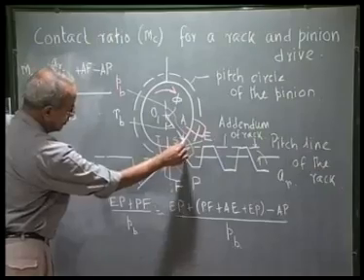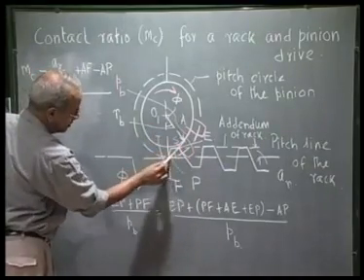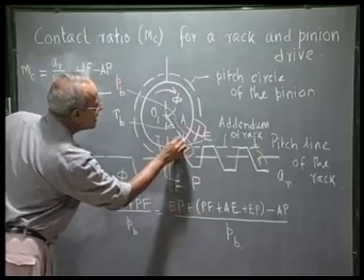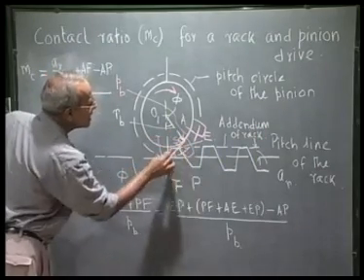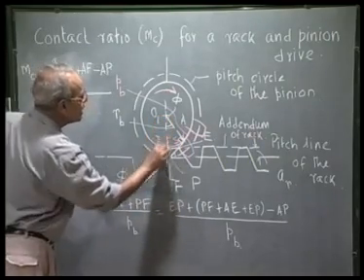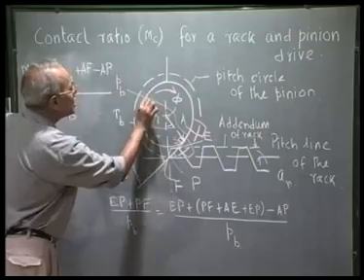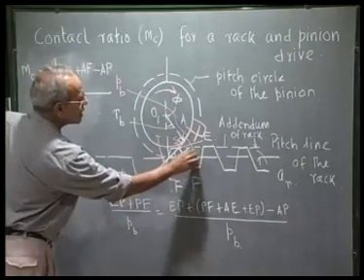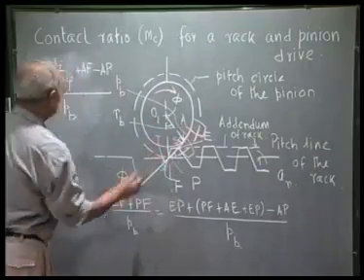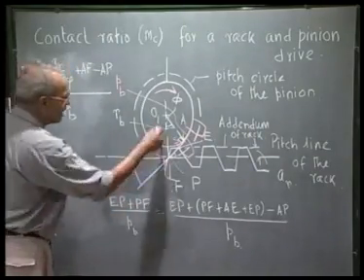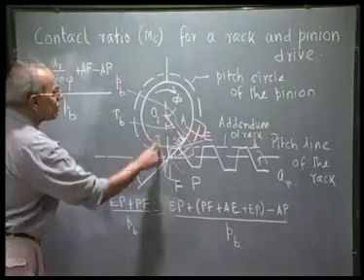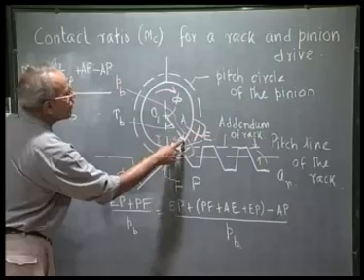A is this contact point between the tangent from the pitch point to the base circle. So, this angle is 90 degrees. This is radius, this is tangent, so this angle is 90 degrees. And O1P is nothing but the outer radius of the pinion. This is the outer circle, this addendum circle. So, O1 to F is nothing but the outer radius of the pinion. So, AF is square root of outer radius squared minus RB1 squared.